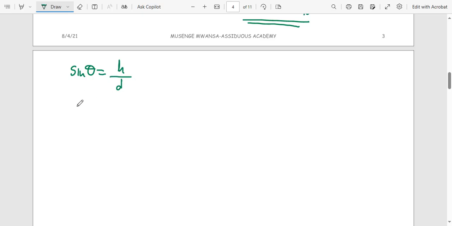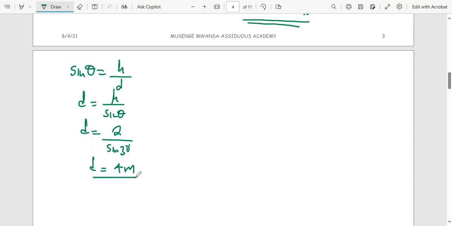Therefore, height is given by d sin theta. The distance of the incline is given by height divided by sine theta. And therefore, d would be, the height was 2 meters, over sine 30. Sine of 30 is a half. So the distance would be 4 meters.